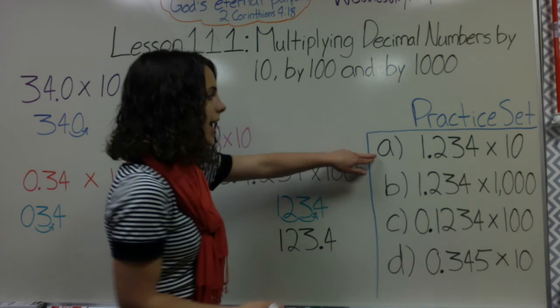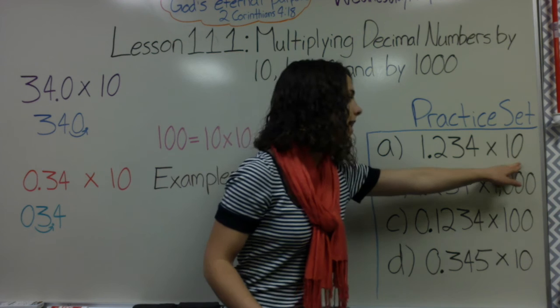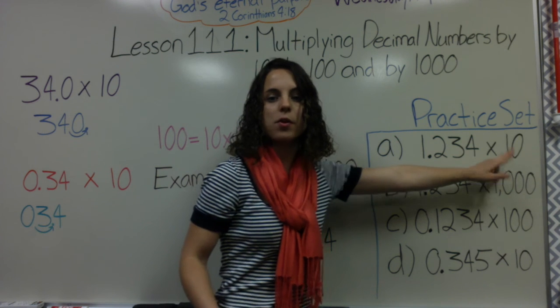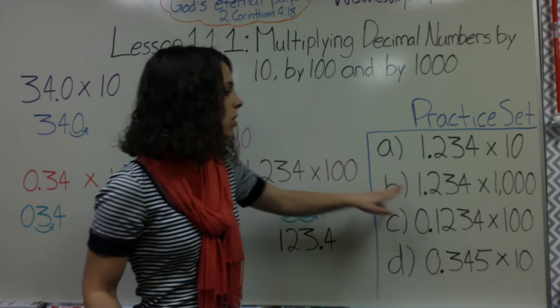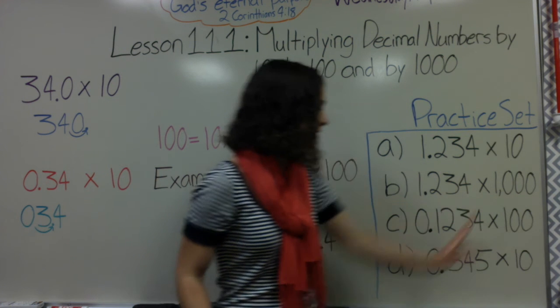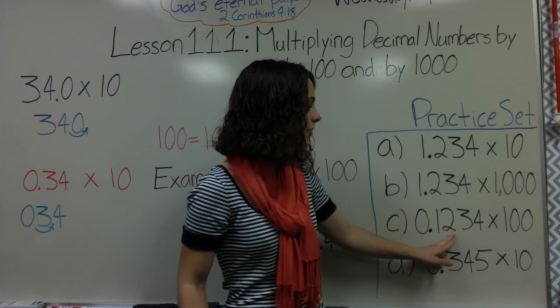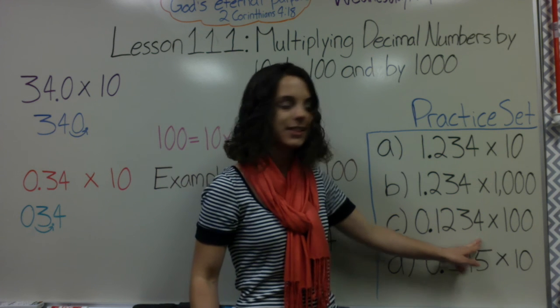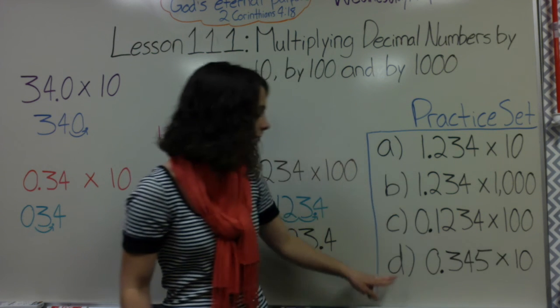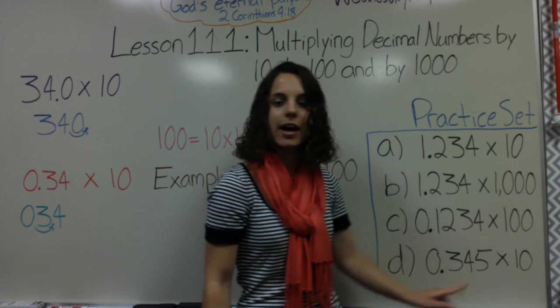So for letter A, 1 and 234 thousandths times 10, so just move the decimal point over one place to the right. B, 1 and 234 thousandths times 1,000. C, 1,234 ten-thousandths times 100. Letter D, 345 thousandths times 10.